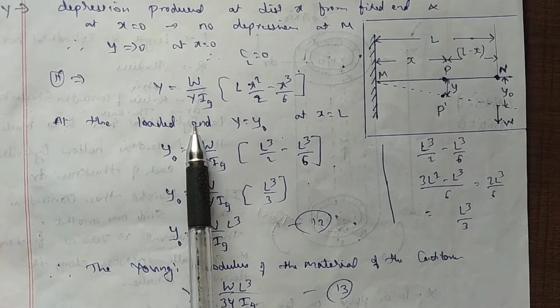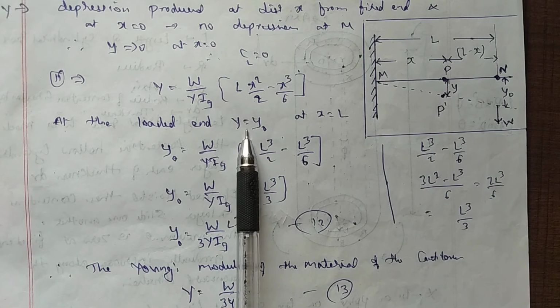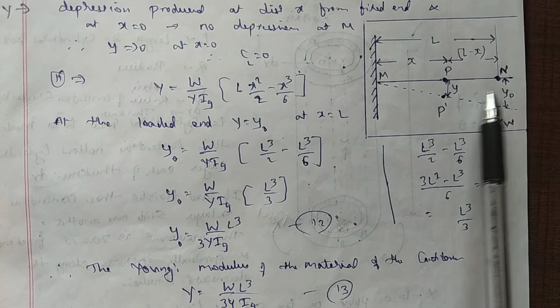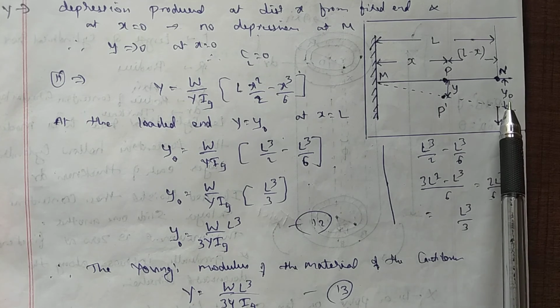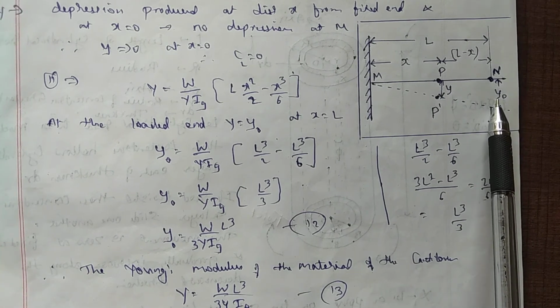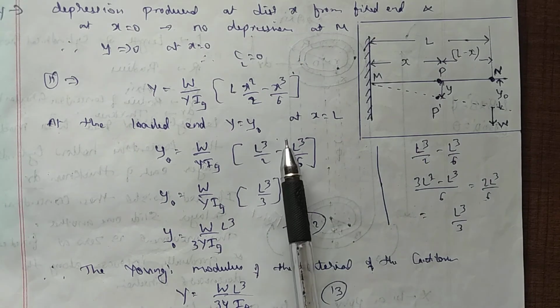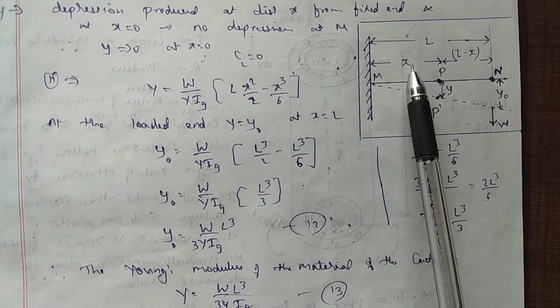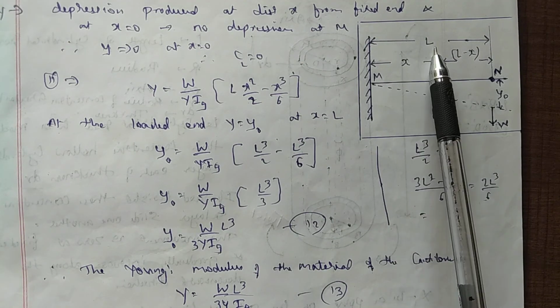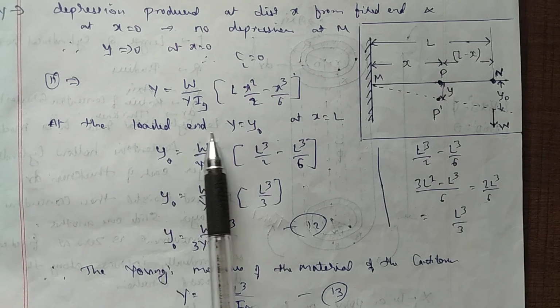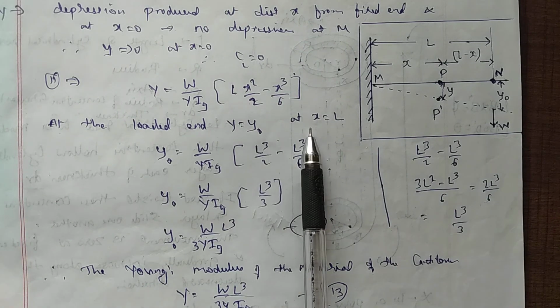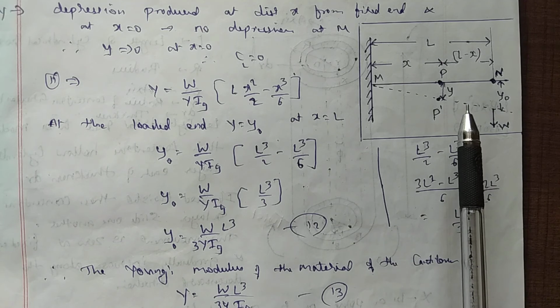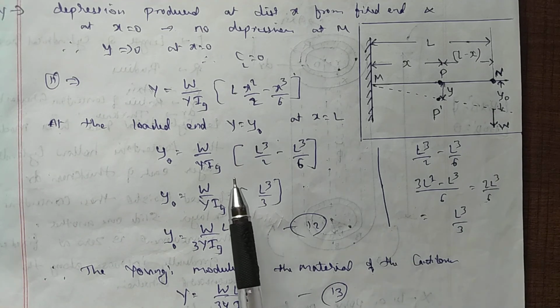Now at the loaded end, y is equal to y naught and the distance x becomes L. That is, at the loaded end y is equal to y naught and x is equal to L. From the diagram it is clearly visible.